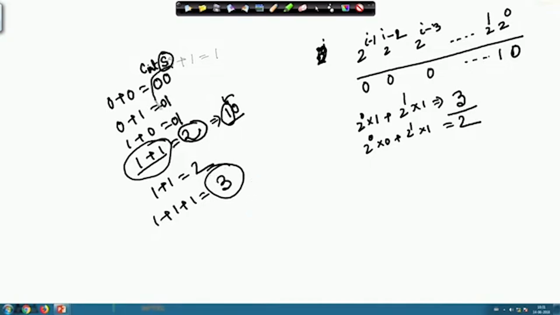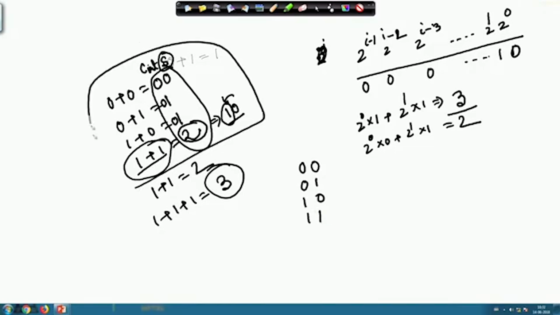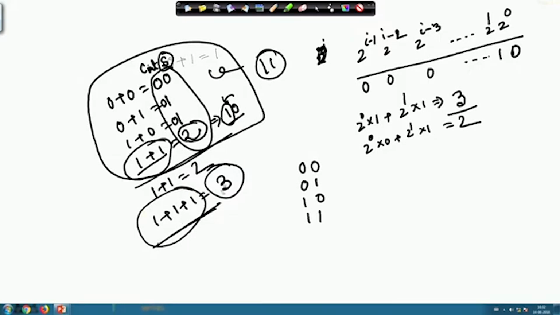And if I am considering only these 2 bits, what combinations can I get? That is 0 1, 1 0 and 1 1. But in this half adder operation I am not getting 1 1, because if I add three 1s, at that time I will get 3.